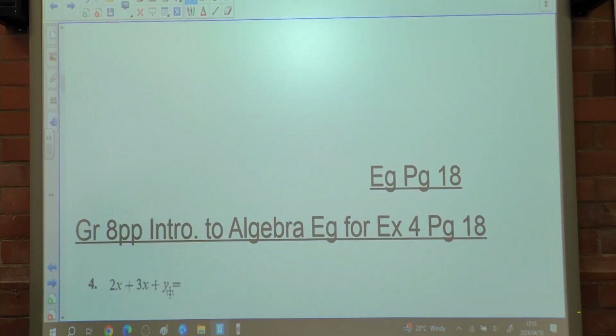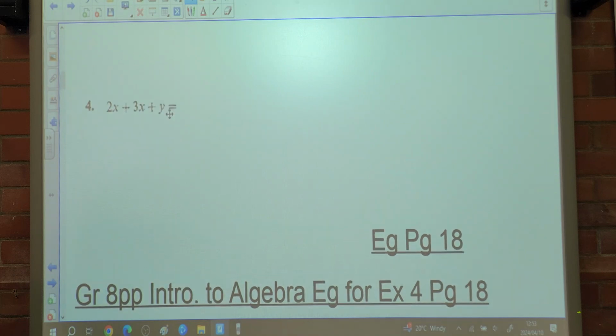Number 4. Write this one down and do it quickly. You've got 2x plus 3x plus y.